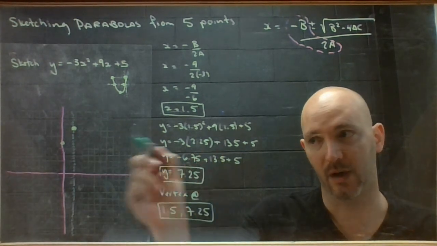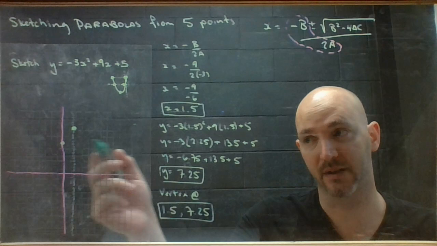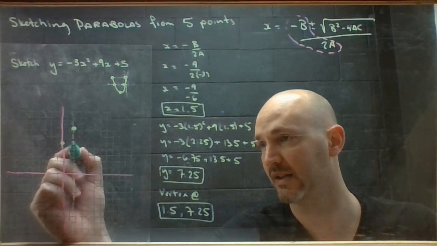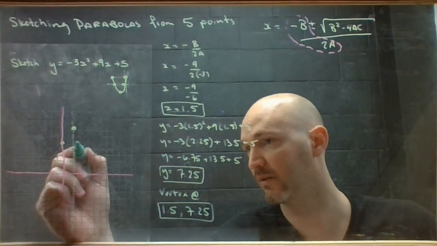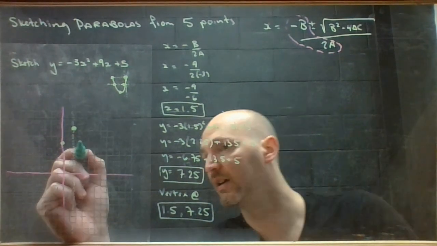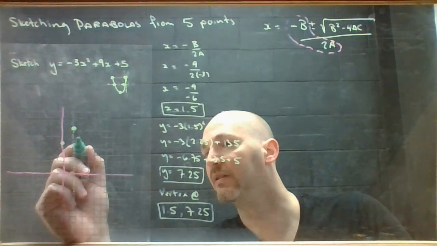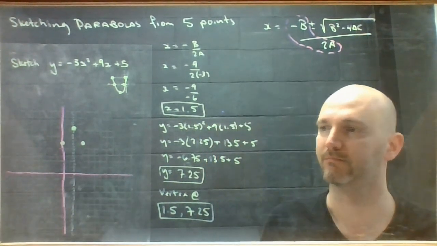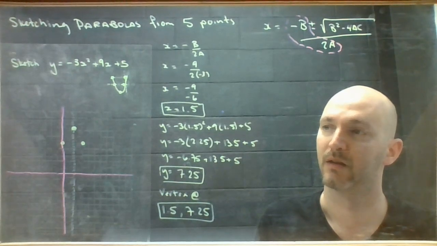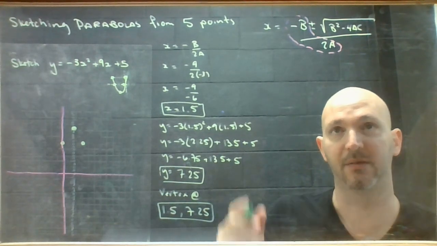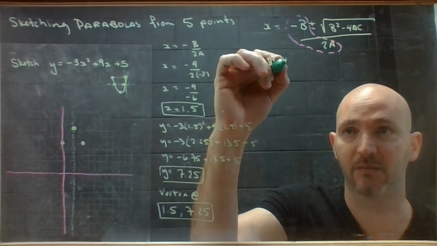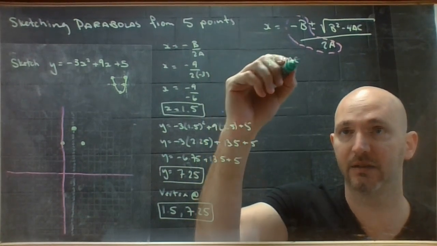And the y-intercept will have a mirror point on the other side of the axis of symmetry. So this looks like it's 1.5 squares away, so 1.5 squares, I will have my mirror point. So all that's left is the x-intercepts. So I'm going to check the discriminant first. Let's see how many of them there are going to be before I get too carried away.